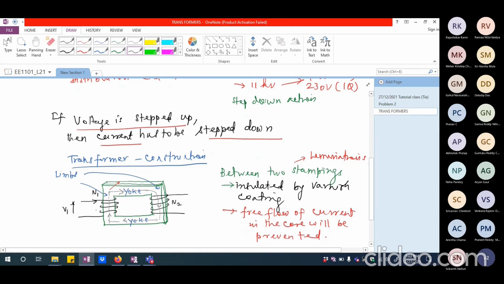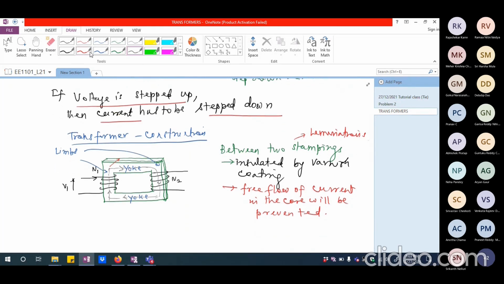So whatever flows in the primary, the secondary is also going to see or face the same amount of flux. So if I talk about what is the EMF induced in every turn of the primary as well as secondary, so EMF induced in every turn of the primary and secondary coils.